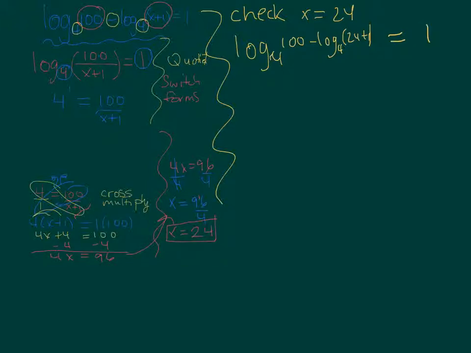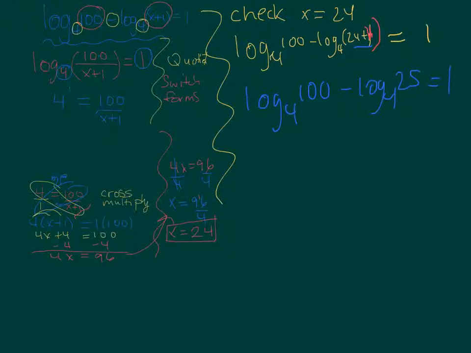Sorry, this is a 1 right here. 24 plus 1. Okay, let's simplify that. Log base 4 of 100 minus log base 4 of 25 equals 1.